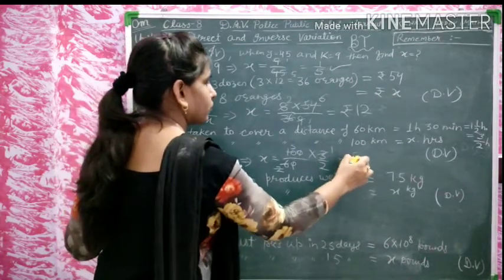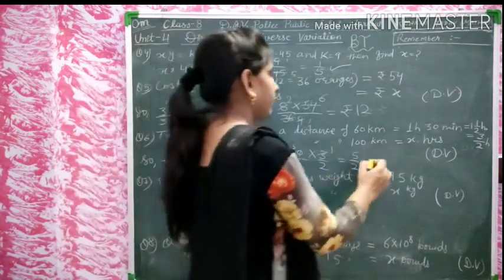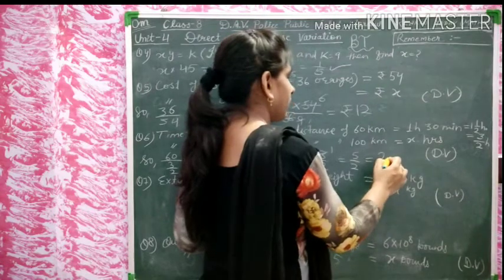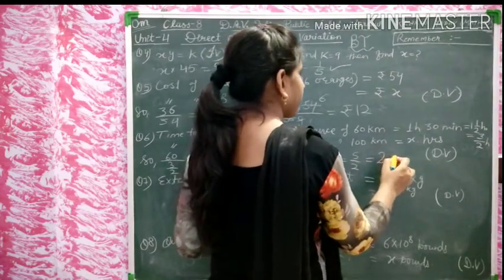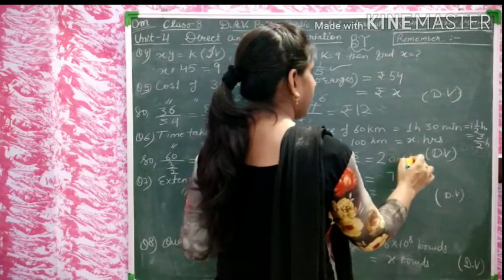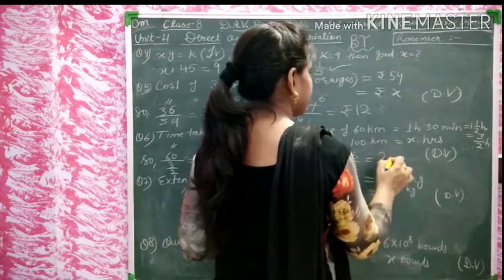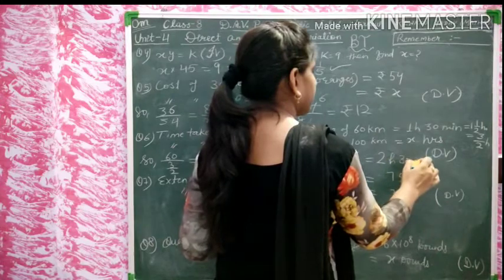This is equal to 5 by 2, and 2 twos are 4 and 2 and a half hours. 2 and a half, 2 hours 30 minutes.